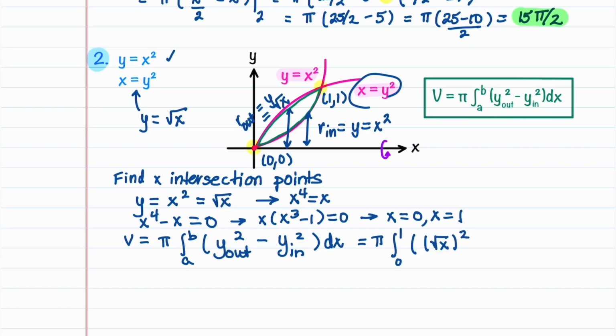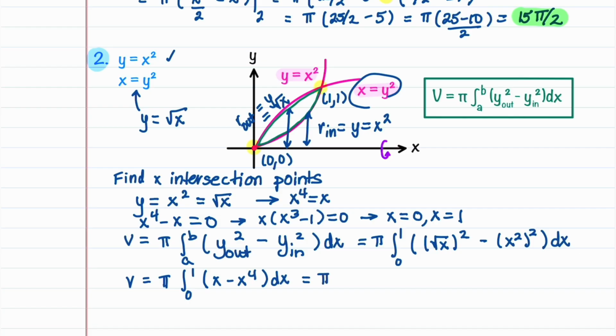You have to remember to square it, minus the inner radius, which was x squared, and we square that one as well. And then we have our dx. Before we integrate, let's simplify this integral. This is pi times the integral from 0 to 1. Square root of x squared is just x, and then we have minus x to the fourth dx.